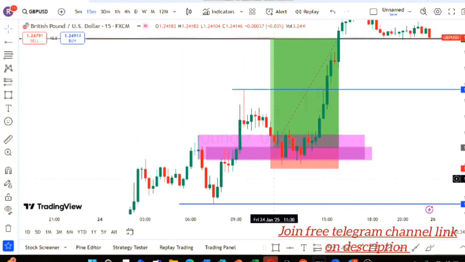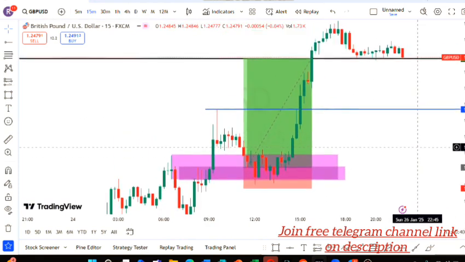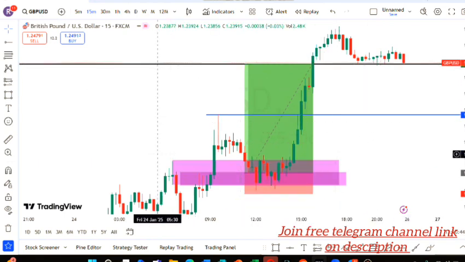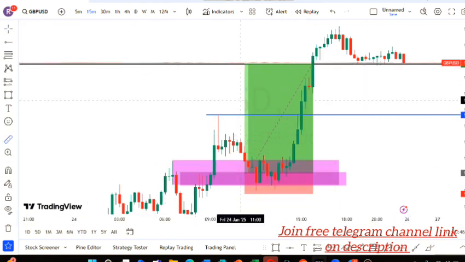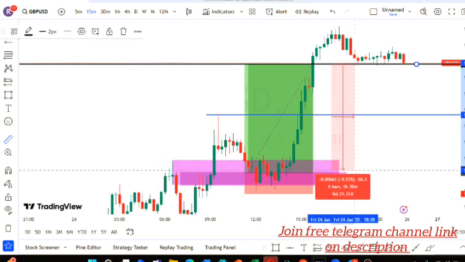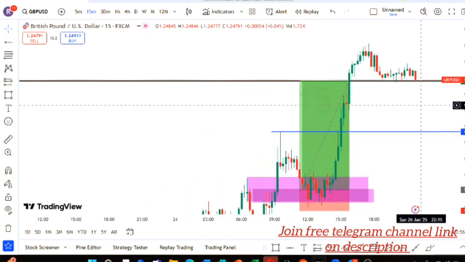There was also the fair value gap around here, and that is how I got this amazing trade, catching about 70 pips. This was a clean 70 pips.